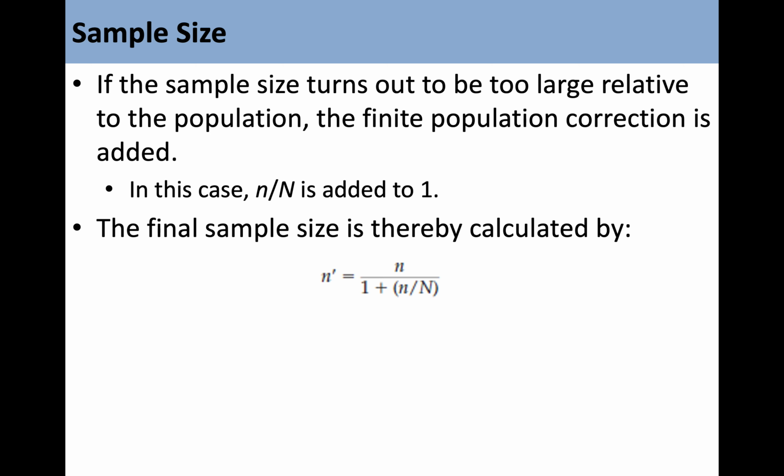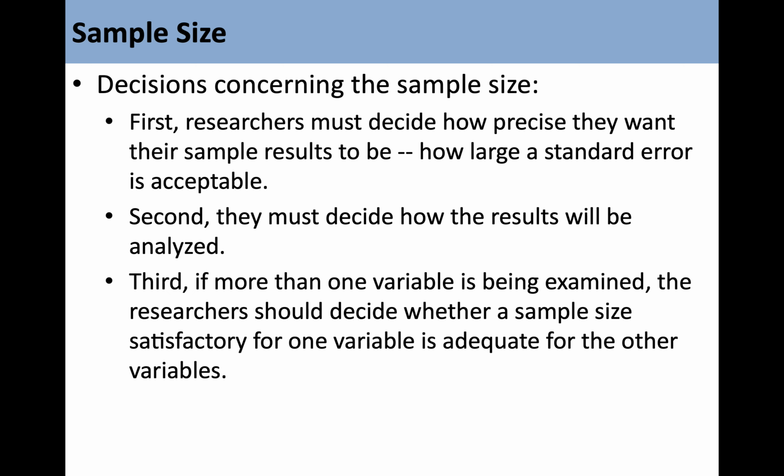If the sample size turns out to be too large relative to the population, the finite population correction is added. In this case, n divided by the population size N is added to 1. The final sample size is thereby calculated with that formula.